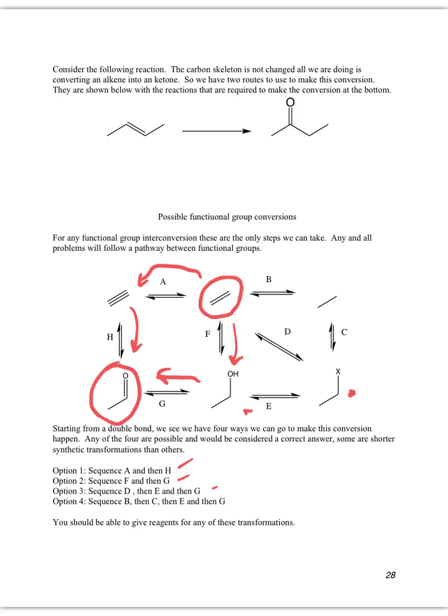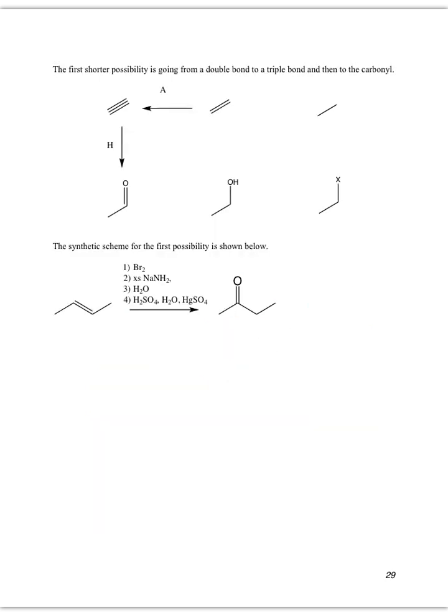Or if we really want to go the long way, we can make the alkane brominated, do an SN2, and then so forth. So there's lots of different ways to do these. There is not just one right way. So as you're looking around, keep track of the reagents you can use, the reagents we've talked about, and use those in the correct way to make whatever you need to make.